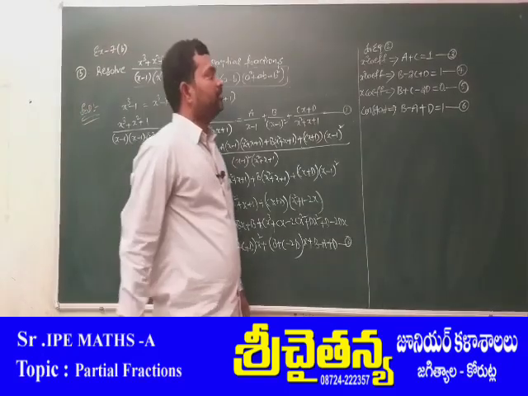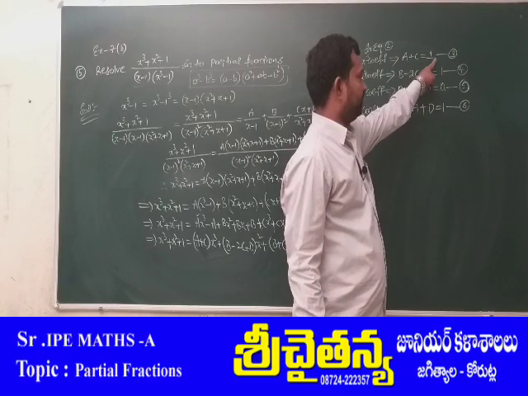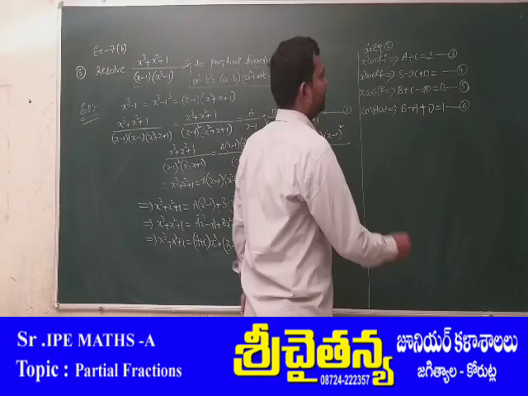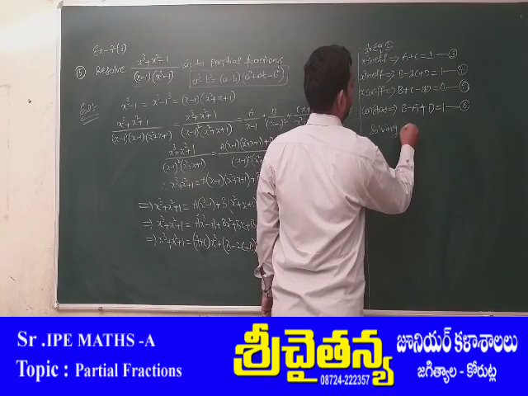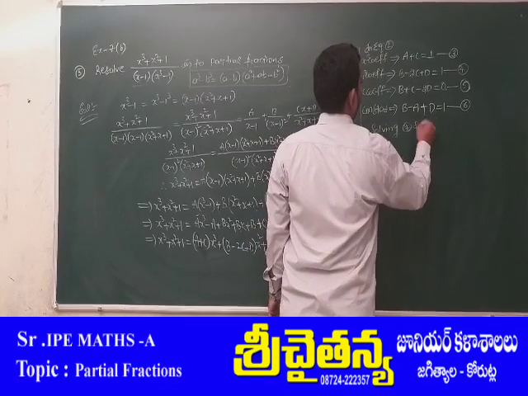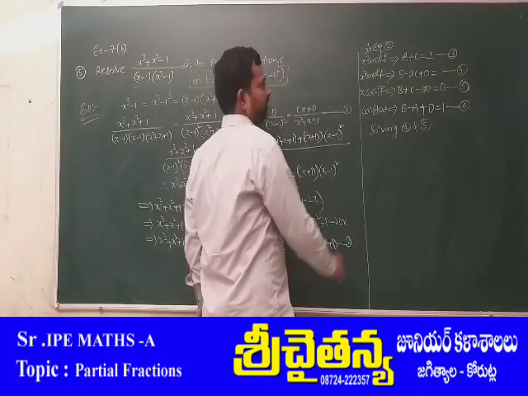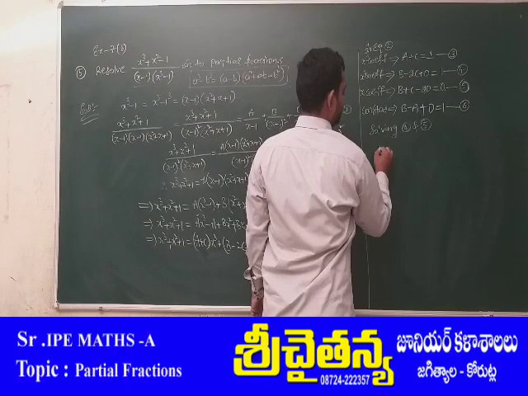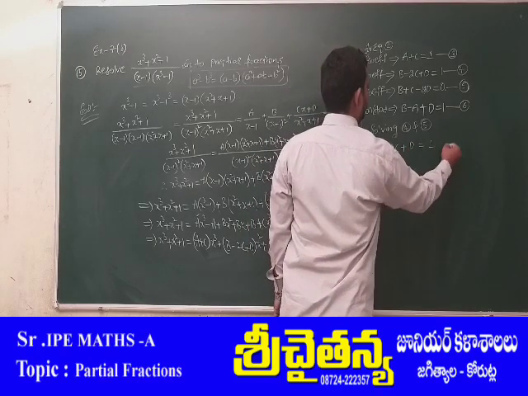Now here we have to solve the equations, we will get the values. First solving 4 and 5. The fourth equation is b minus 2c plus d is equal to 1.